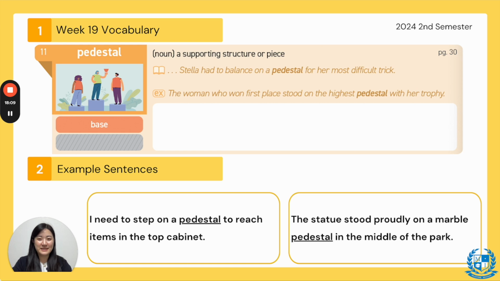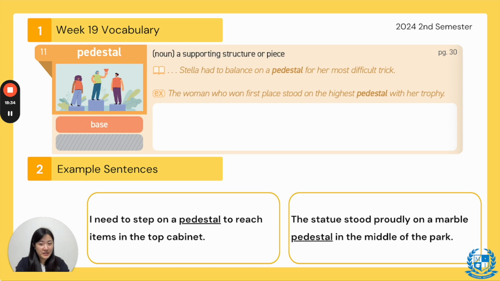Let's read the example together. The woman who won first place stood on the highest pedestal with her trophy. So she had her trophy. She's like, oh, on her pedestal. As you can see here in this picture. Let's look down here. It says, I need to step on a pedestal to reach the items in the top cabinet.